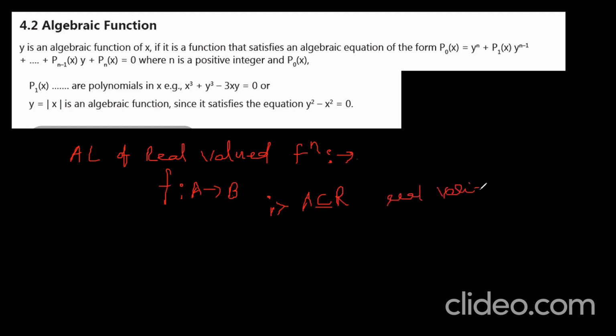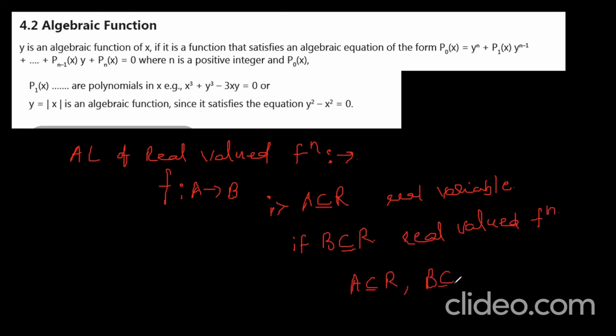If B is a subset of or equal to R, then f is called a real valued function. If A is a subset of or equal to R and B is a subset of or equal to R, then f is called a real function. You understand? A real function.